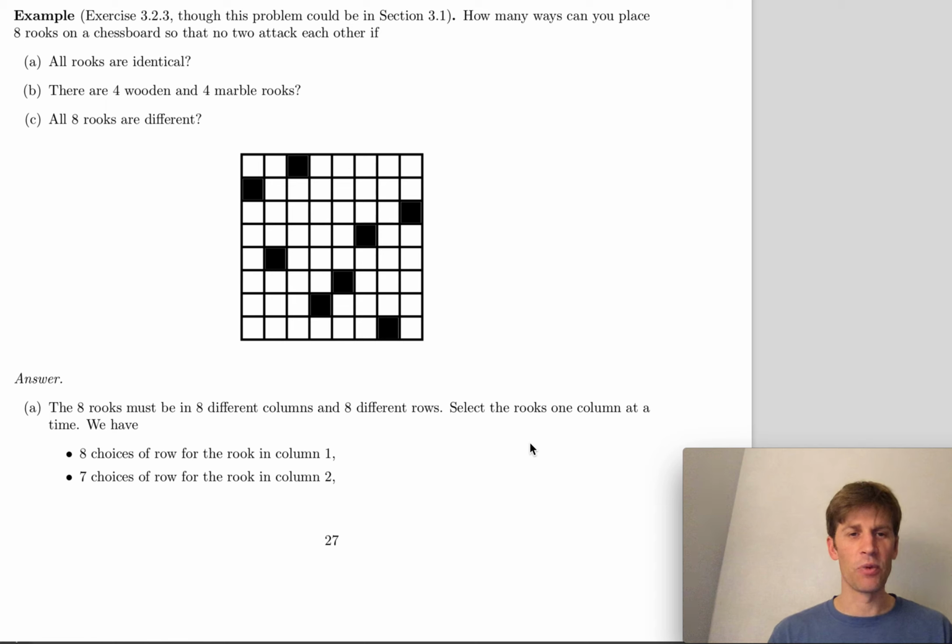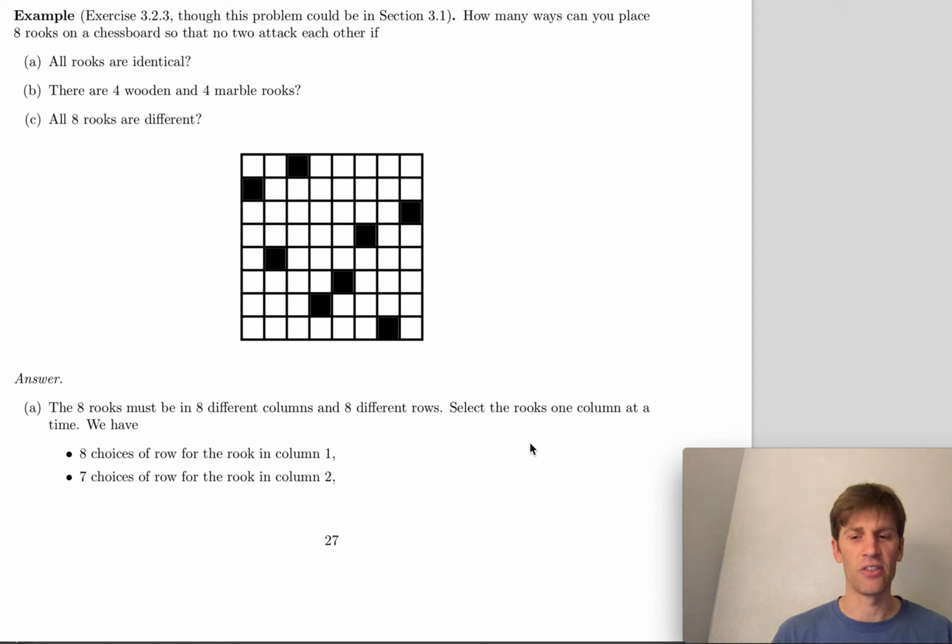So how many ways can we place the rooks in the locations not attacking each other? Well, as we've seen before, that's 8 factorial. And then how many ways can we assign these different materials to the rooks? The rooks are all different.